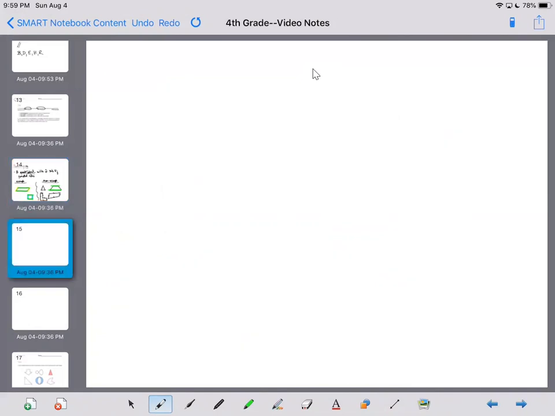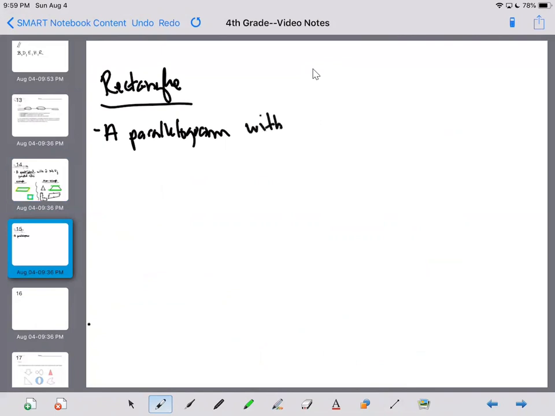So let's look at an example of a rectangle. And a rectangle is going to be a parallelogram. So we've already got an idea of what that looks like. Parallelogram with what? With 4 right angles.